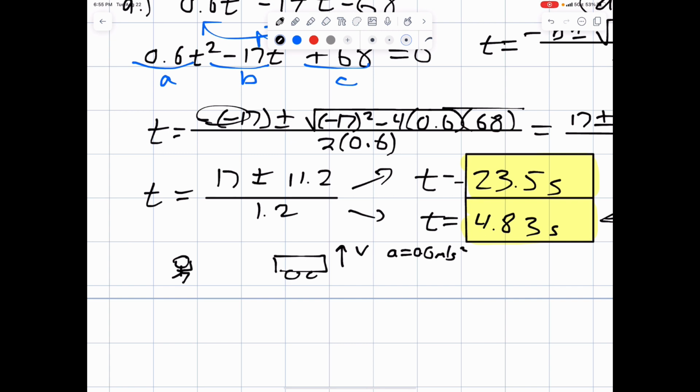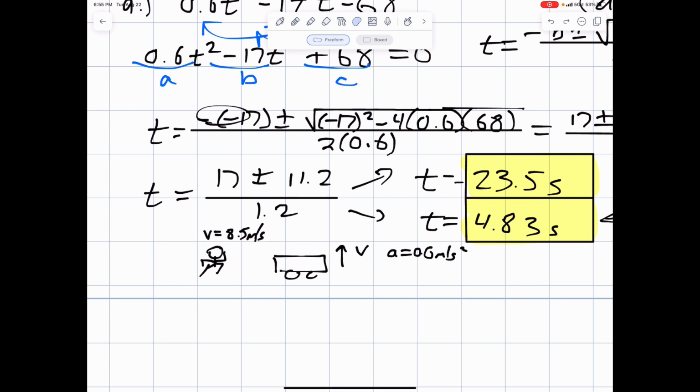And yes, the pictures are not drawn to scale. You're not as big as a train. The velocity that you have is 8.5 meters per second. So basically, you would have caught the train 0.83 seconds after it started moving.